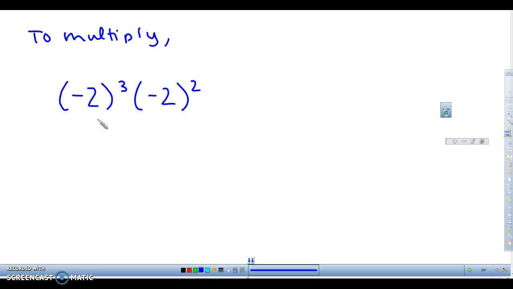Well, I could write it all out and do negative 2 times negative 2 times negative 2, and then this one have negative 2 times negative 2, and multiply negative 2 5 times. That's a lot of work. There's an easier way to do it. When we multiply, we add the exponents.